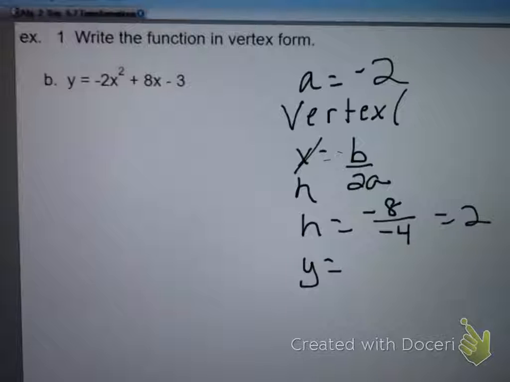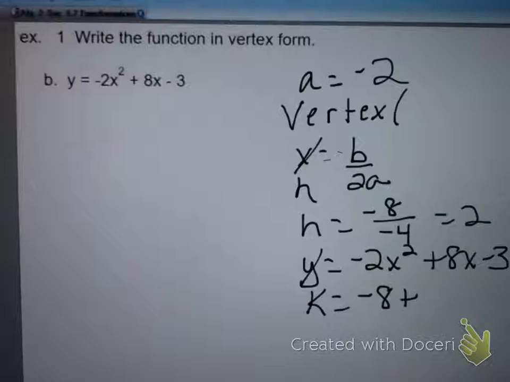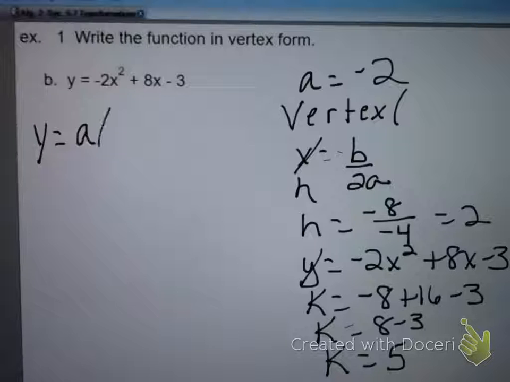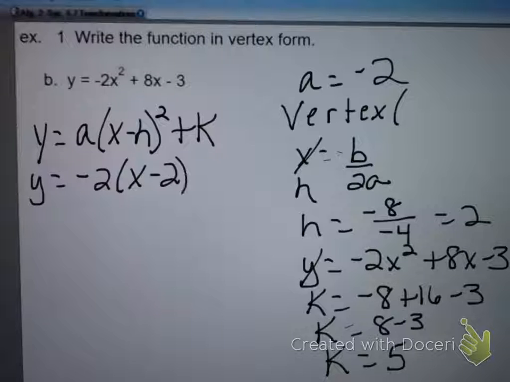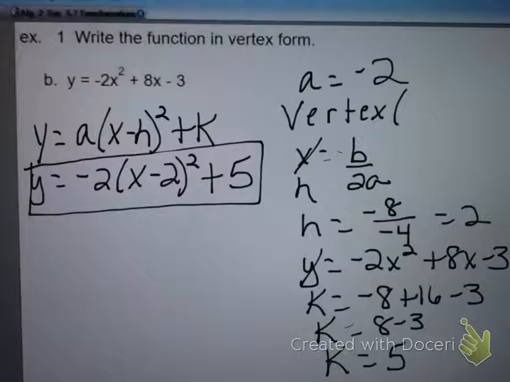Plug it into the equation to find your y, which is now, remember, called your k. Write the formula down and then plug into the formula. And that is the vertex form.